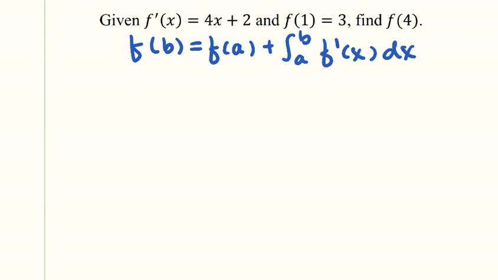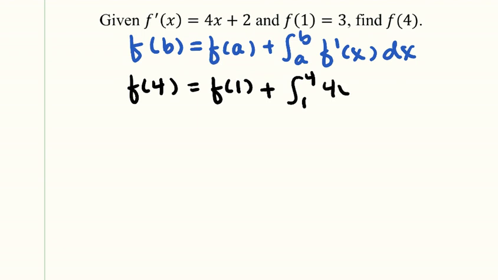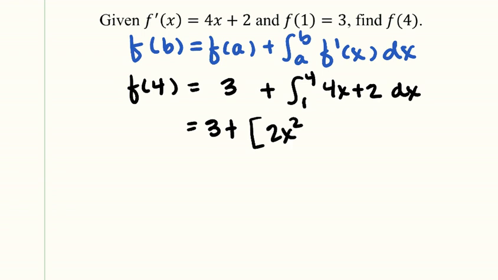In this example, we have f of 4, which is what we're looking for, given by f of 1 plus the integral from 1 to 4 of f prime of x, which is 4x plus 2, dx. f of 1 is 3, so I'll change that to 3. Then 3 plus, and an antiderivative for 4x plus 2 we found was 2x squared plus 2x.